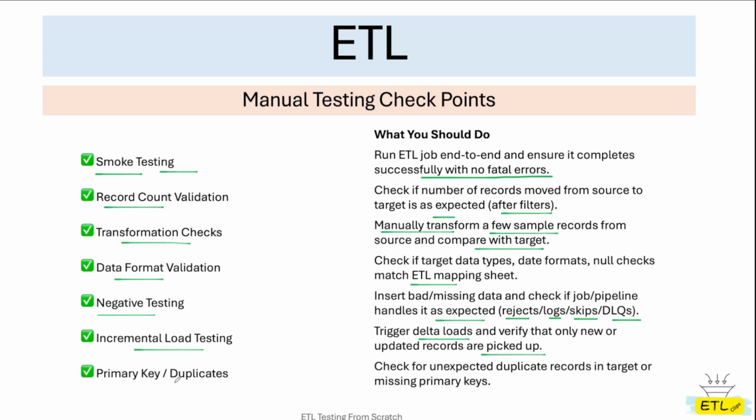So if you are doing deduplication of data, then this check is very, very important. Check for unexpected duplicate records in target. If you do this kind of testing and if you find there is a duplicate entry, then immediately highlight that your dedupe is not working.